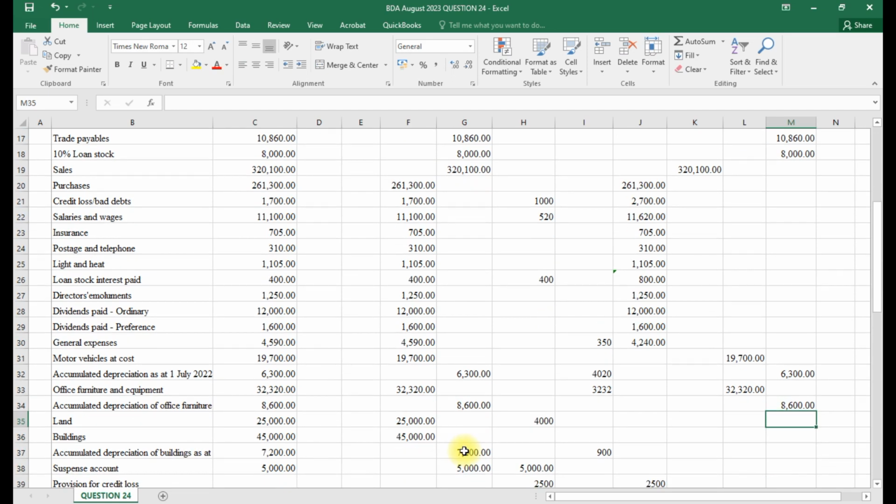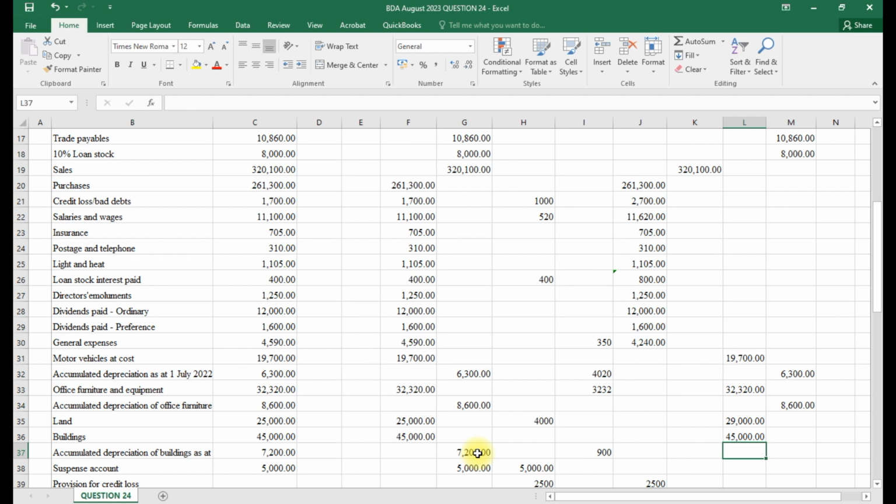Then we had land, which was adjusted to get a revaluation of 4, building 45 with accumulated of 72.